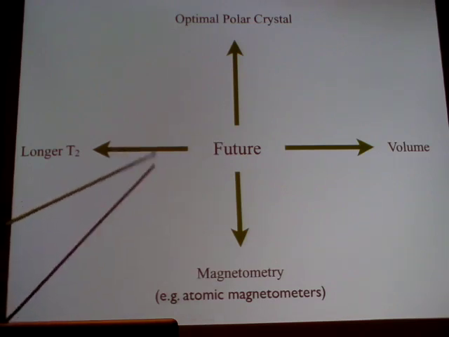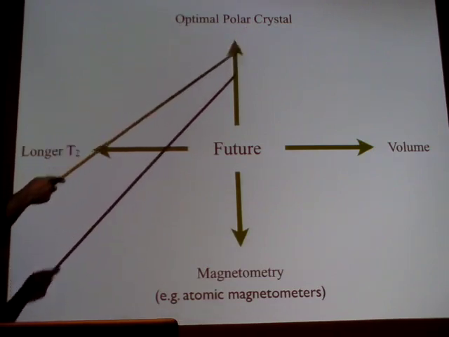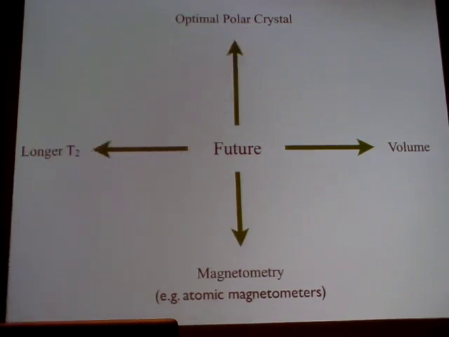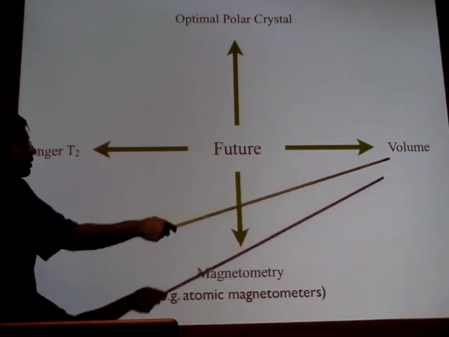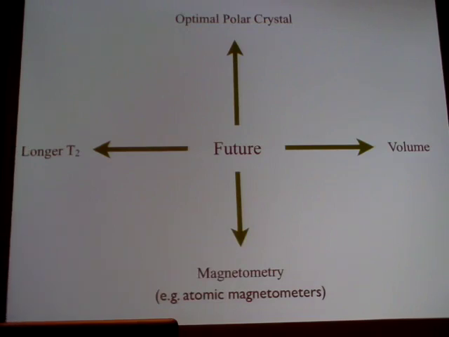So we think there are a variety of interesting directions in the future that can be pursued. For the QCD axion itself, one can, for example, think of a more optimal choice of polar crystal. We just used lead titanate because that's a number that we knew. It's quite reasonable that we can get factors of a few in electric field from some other sample. But we're still figuring that out. Definitely, samples of larger volume have the advantage that the magnetic field you can measure becomes better: the bigger the thing, the more flux you capture.